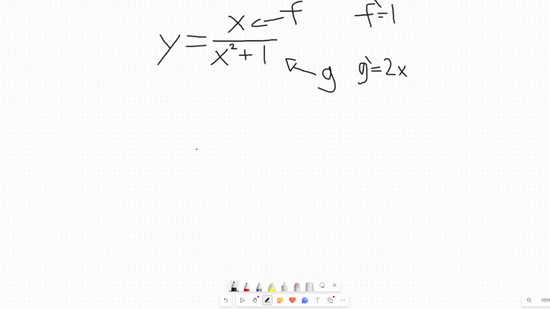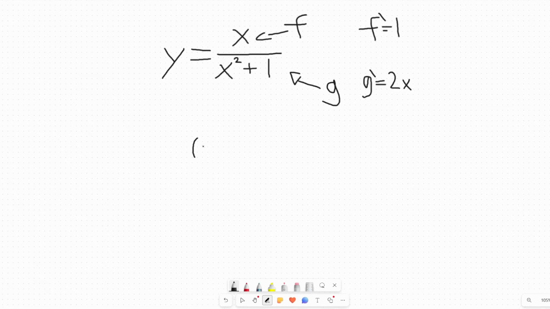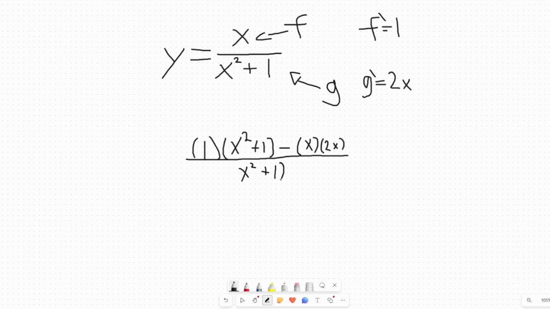So we have f prime of x, so 1 times x squared plus 1, minus x times 2x, over x squared plus 1, and then that whole thing is squared.